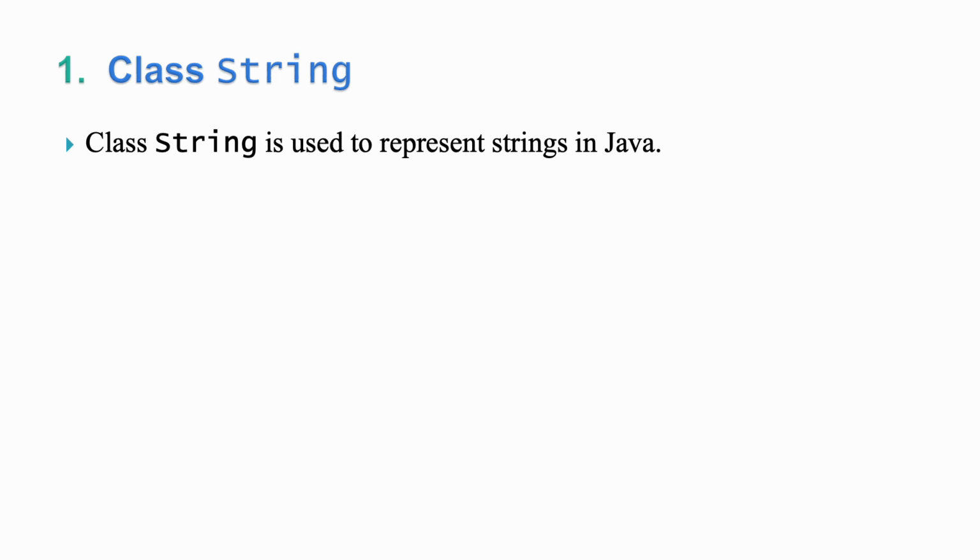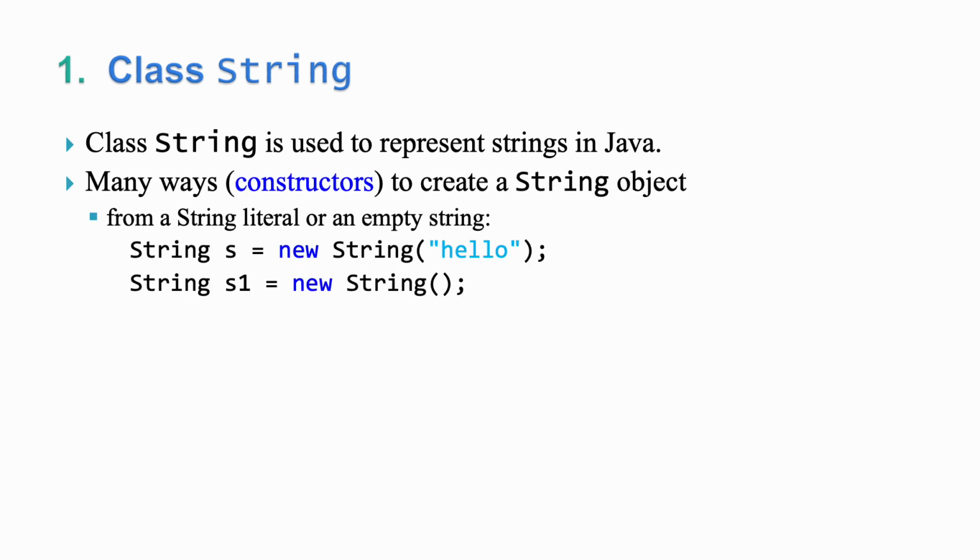The class String has many constructors, which are methods that have the same name as the class name and are called to create objects of that class. So there are many ways to create a string object. Recall that to create an object of a class, we use the new operator followed by a call to a constructor of the class.